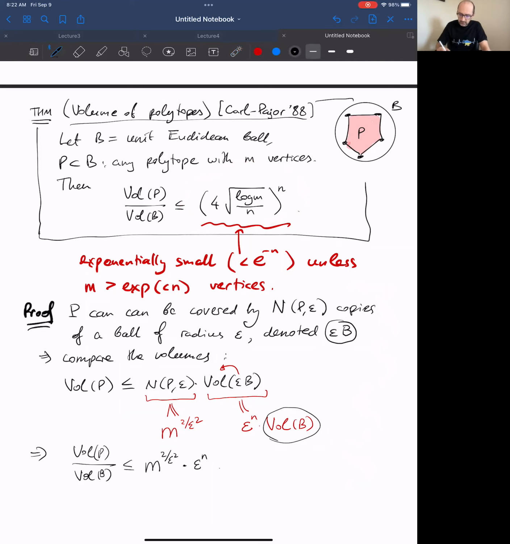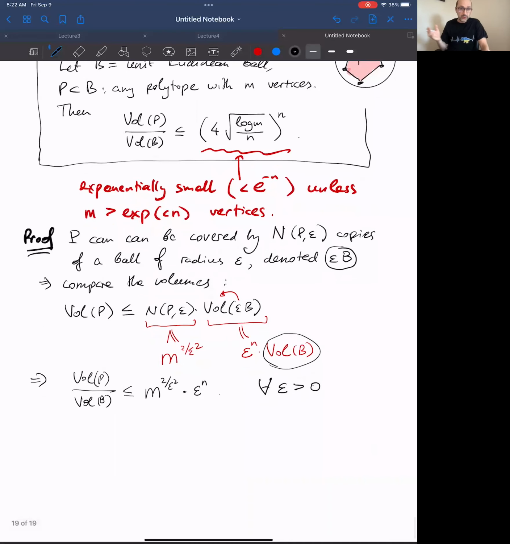So we can choose the best one, the one that makes the right-hand side the smallest, which is the best for us. So we then minimize the right-hand side of this one in epsilon.